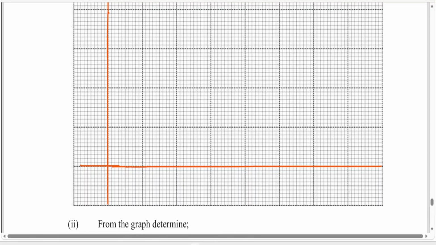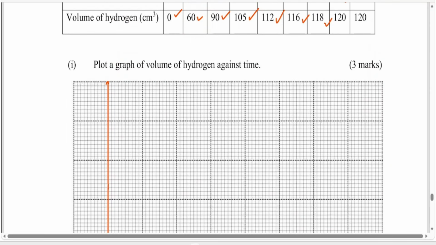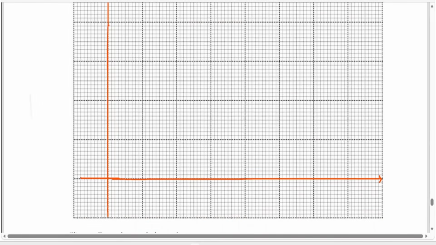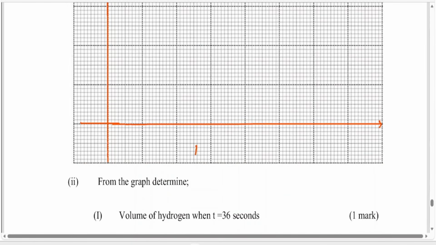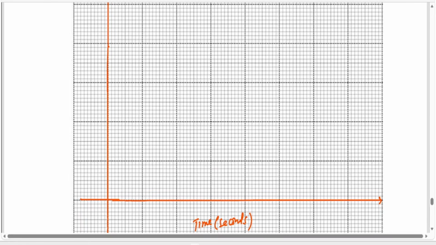So I can now try to plot. On the x-axis, I have time in seconds, and on my y-axis, I have volume of hydrogen in cubic centimeters.